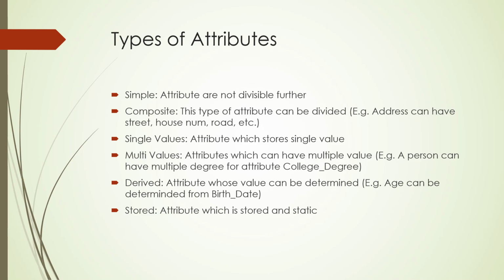You can derive your age from the date of birth, but a stored attribute is something very static. It cannot be changed, like date of birth. You cannot change your date of birth. So that is always there. Once you're born, you have a date of birth. That's it. Such kind of attributes are called stored attributes.